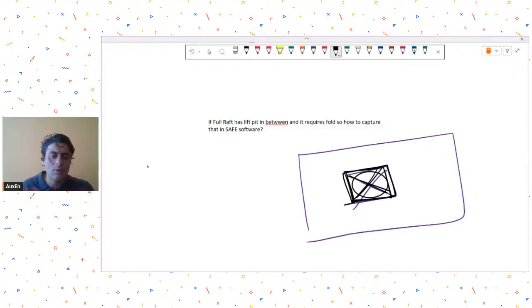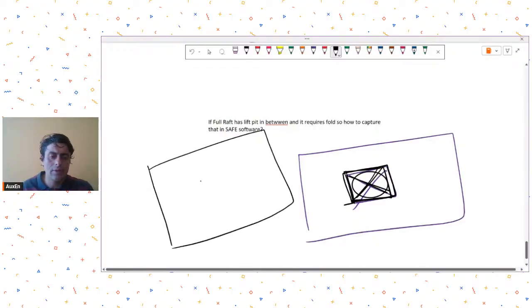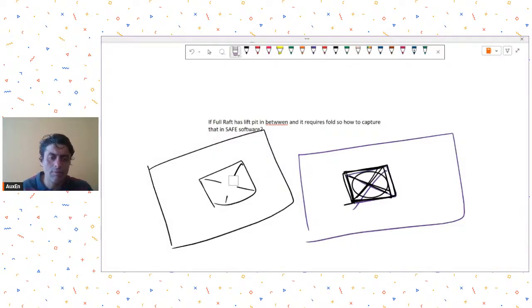The second thing you could do is, in your raft, let's say if this is the portion of the lift pit, you have the raft in the lift pit also modeled, but then assign slab edge releases, because due to the level difference this may not fully behave as a rigid connection. The raft at the upper location and the raft at the lower location may not behave as a rigidly connected element because of the level difference.